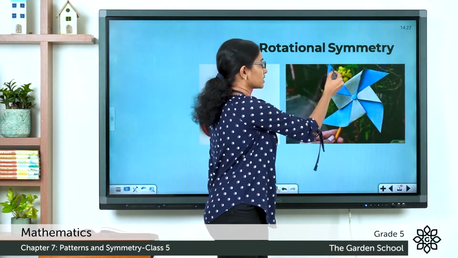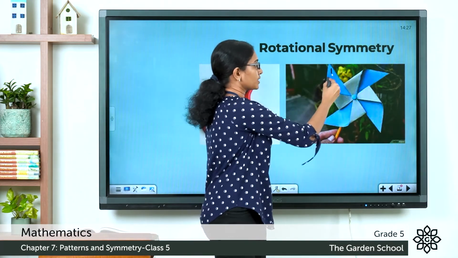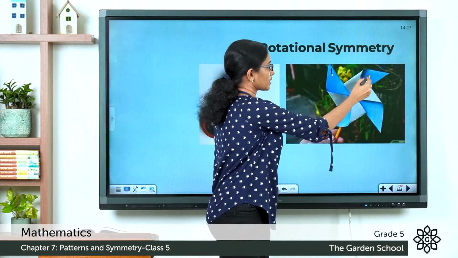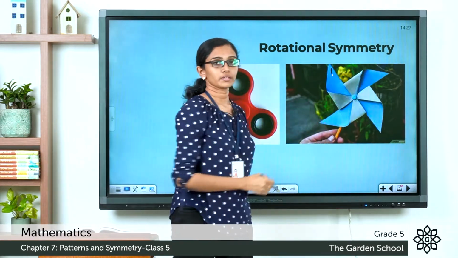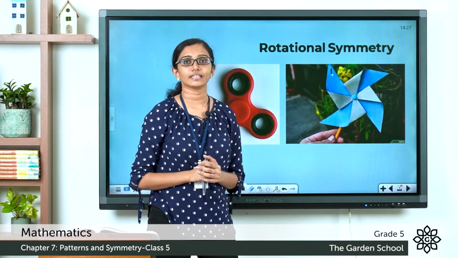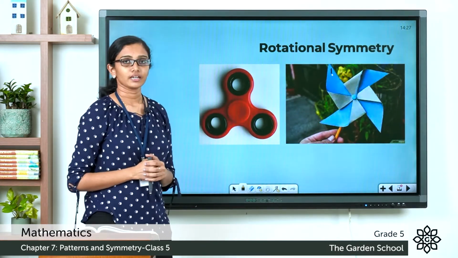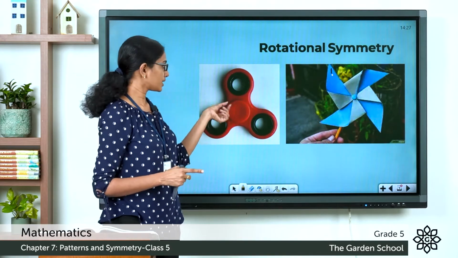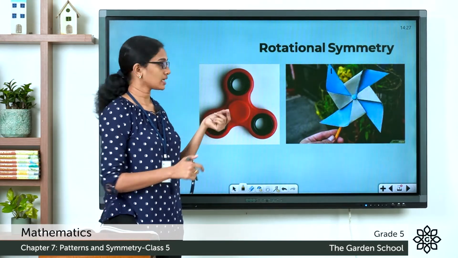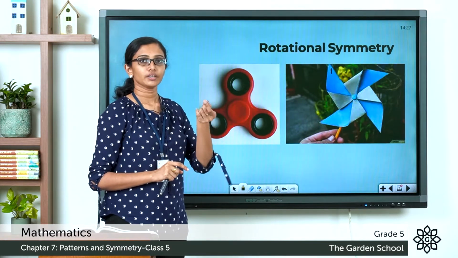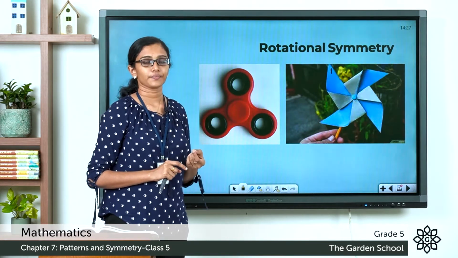See, if this is point number 1, if it turns through an angle and comes to this place, this leaf will go up and this picture will look exactly the same. Agree? Now what about this fidget spinner here? How do you play with it? You just hold it at the center point and turn it around. You rotate it, keeping your fingers at the center.